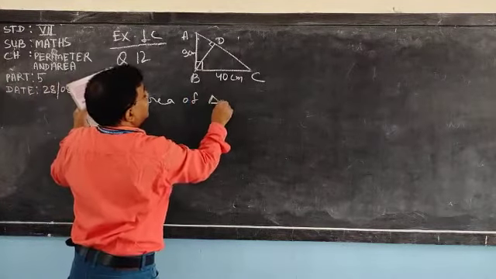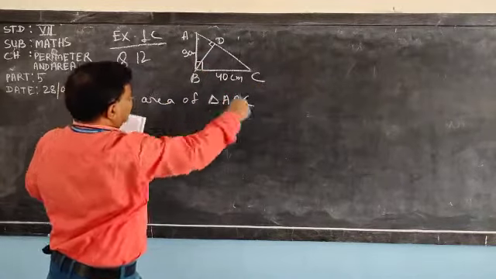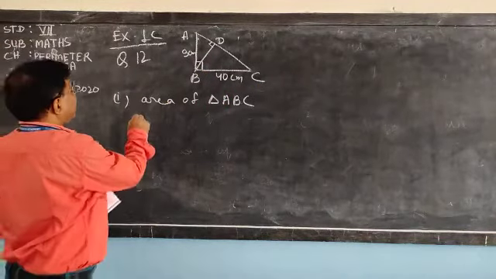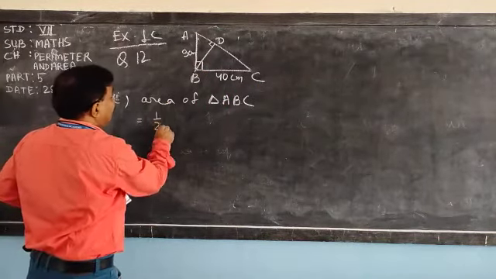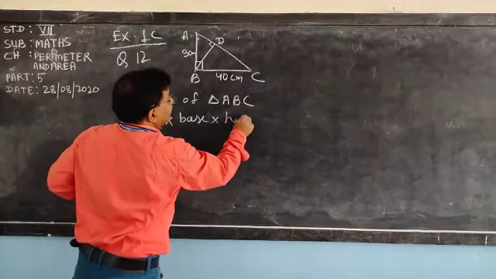Area of triangle ABC, this larger triangle, will be equal to half into base into height.